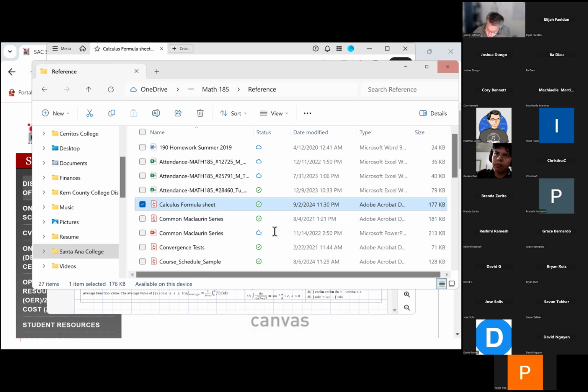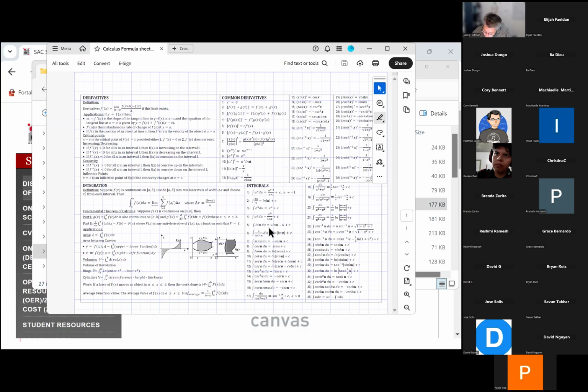Okay. So here's my formula sheet. Okay, and the integral, number 18 here, the integral for du over u squared plus a squared is 1 over a inverse tangent of u over a plus c.